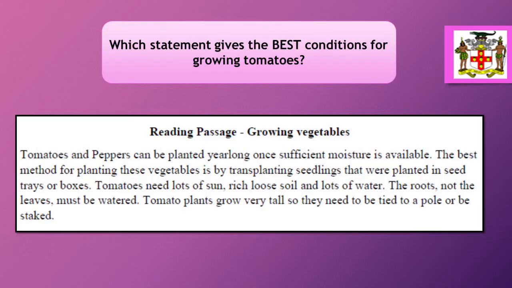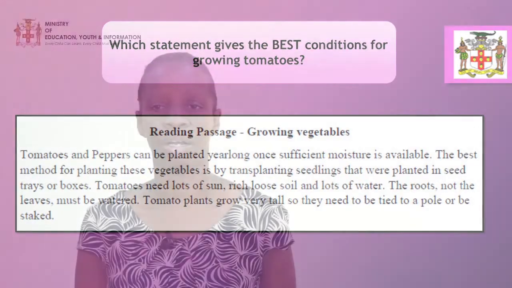We're also told that they grow very tall and need to be tied. Well, that information is in the passage, but is that a condition? Not at all. And so, if we look at the passage again, we'd realize that tomatoes need lots of sun and water. Now, that is a condition.